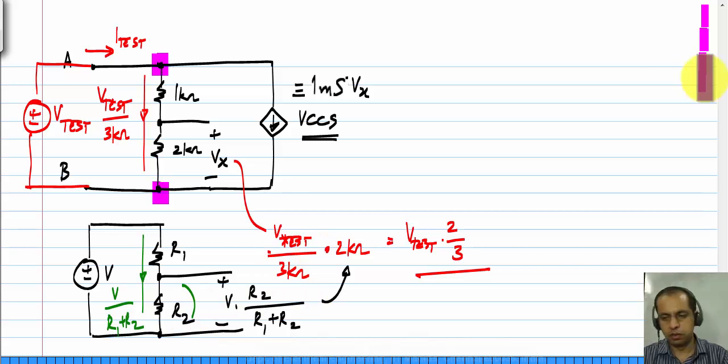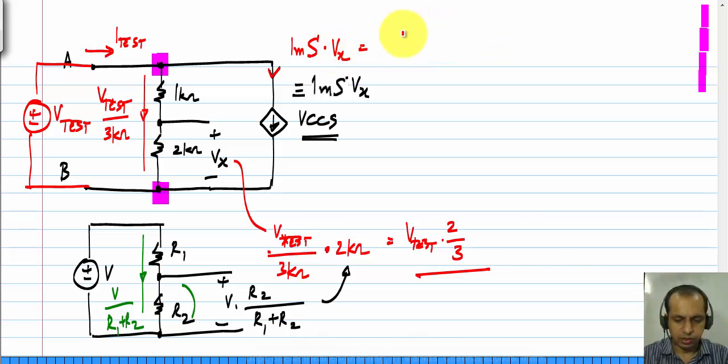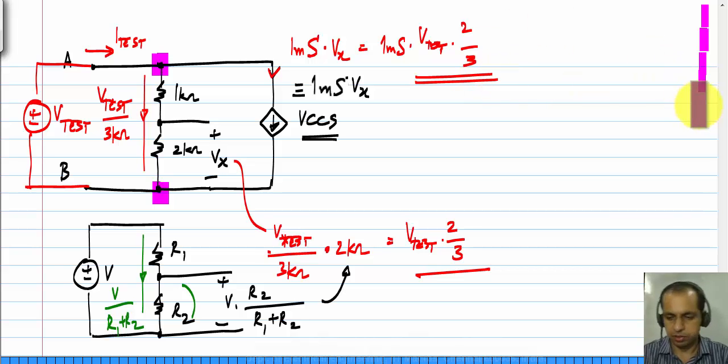Okay, then this control current source draws a current which is basically 1 millisiemens times Vx, which is 1 millisiemens times V test times 2 by 3. So all I did was to substitute the value of Vx in this place.